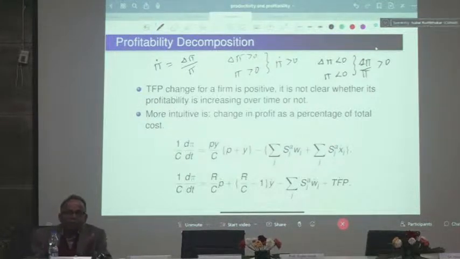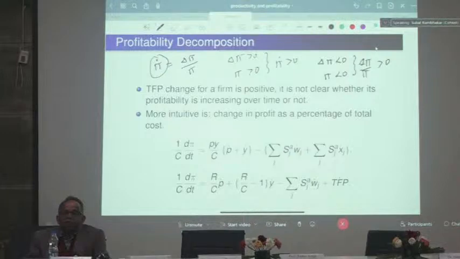So if you look at simply pi dot, you are not able to distinguish between the two scenarios, where one is making positive profit and the profit is also increasing, and the other one is going down. It has a negative profit and the negative profit keeps on increasing.